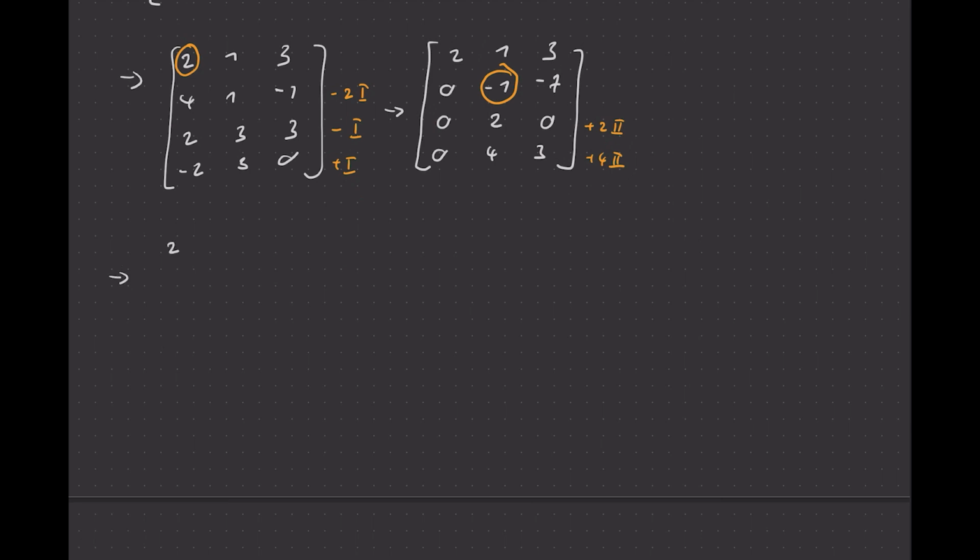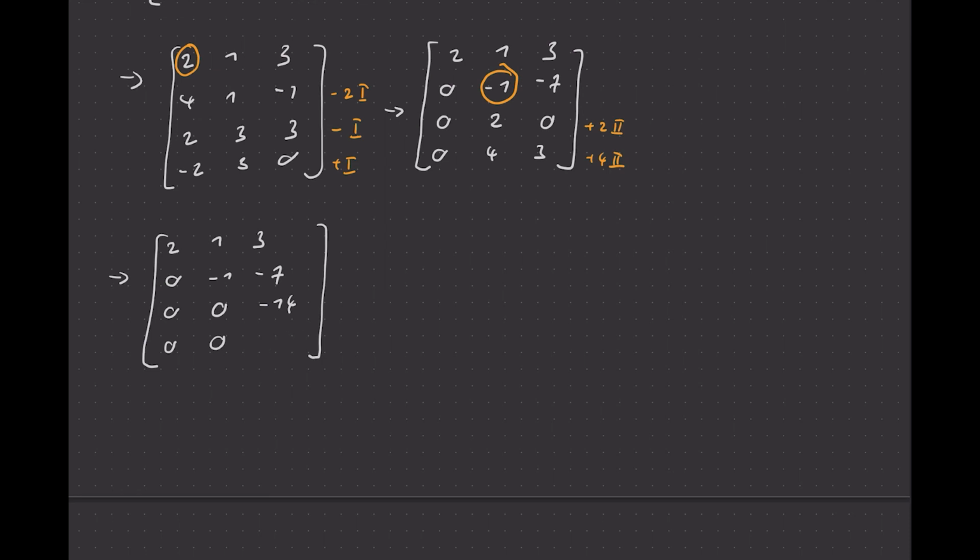That yields, let's see, 2, 1, 3, 0, -1, -7, 0, 0, and -14, and 0, 0, and -28. Oh, sorry, not -28. My bad.